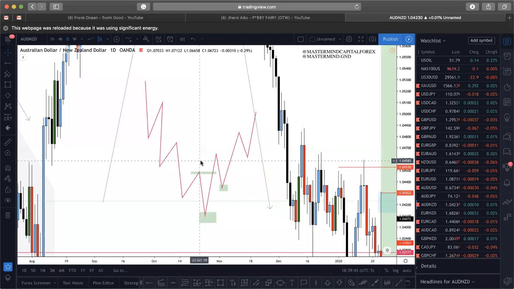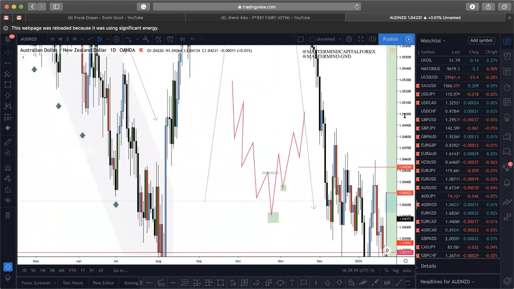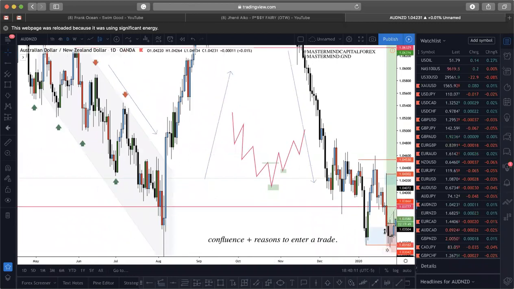Now you're gonna learn more confluences so you know exactly where and what to look for before you enter the trade, right? To profit from it, right? So based on what was taught in this lesson and the previous lesson, I'll show you a live example of how we found a trade using the information that was just taught, right?